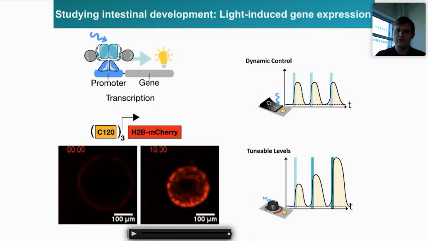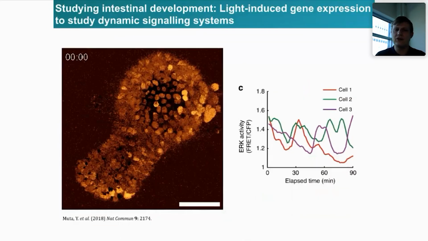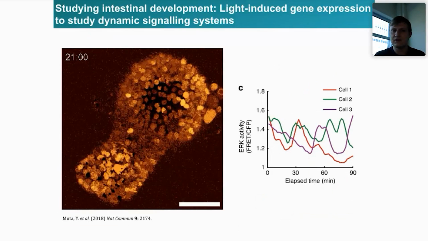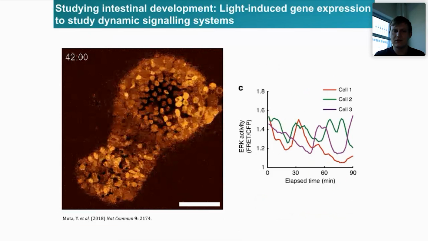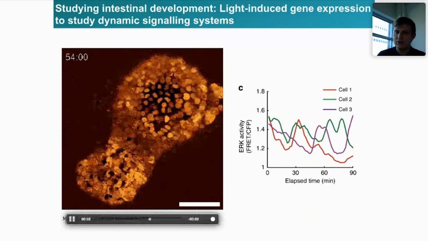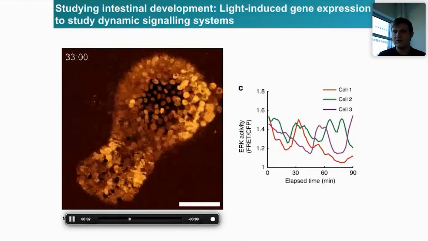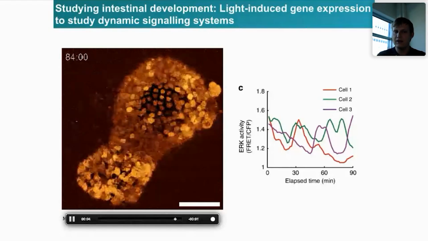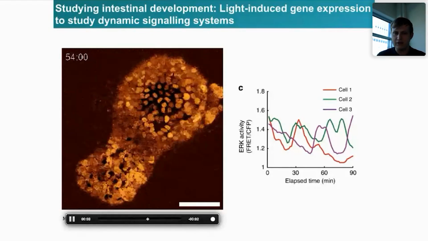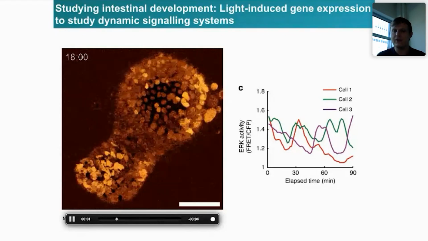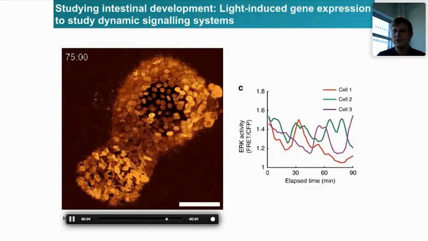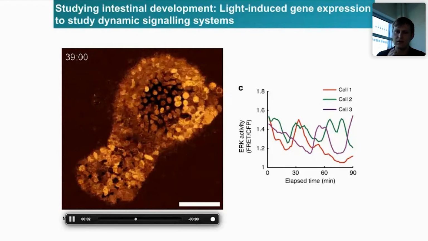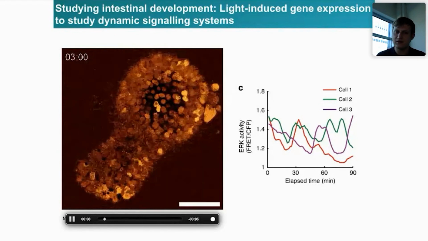And we ask, for example, what kind of information is encoded in the dynamics of a signaling system. What you see here, for example, is a signaling system or signaling pathway, and I want to ask, using the ability of light to go on and off, and to deliver certain laser powers, so activation strength, what kind of information is encoded in, for example, the periodicity of a signaling system, and also in the strength.